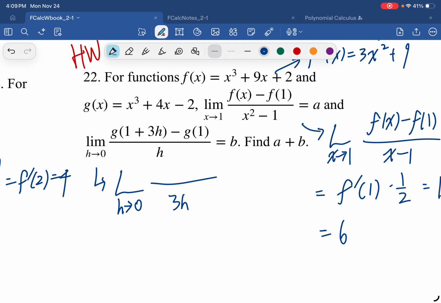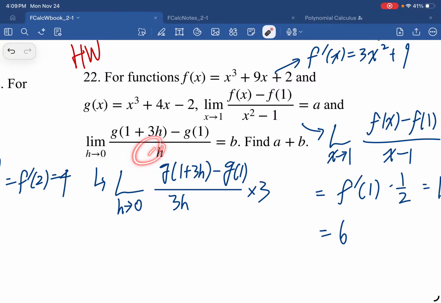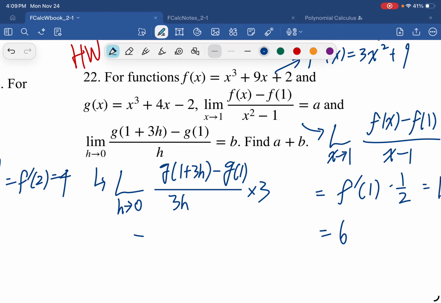And then let's go with the same numerator. g of 1 plus 3h minus g of 1, multiplied by 3 because we want to keep the original h, right? The coefficient was 1. And then this would be g prime of 1 times 3.